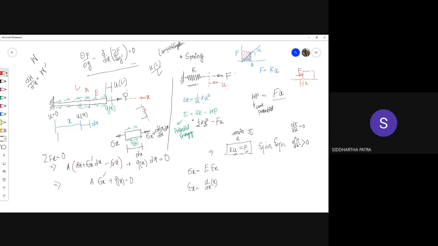Actually, in absence of P and even in presence of P, the strain is highest at the fixed end, and then it gradually reduces depending on the profile of the distributed load. If there is no distributed load, if there is only a concentrated force, then everywhere the stress is the same.